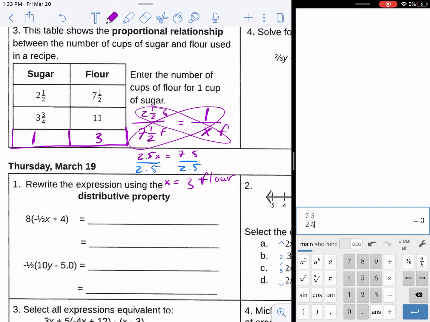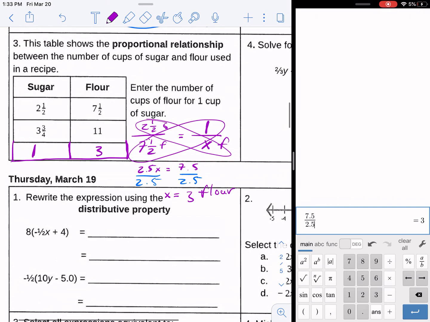So it looks like the k that I'm looking for, the constant of proportionality, is going to be multiply everything by 3, because 1 times 3 gives me 3. 3 3/4, so 3.75. If I multiply that by 3, it better give me 11. Ooh, didn't work.